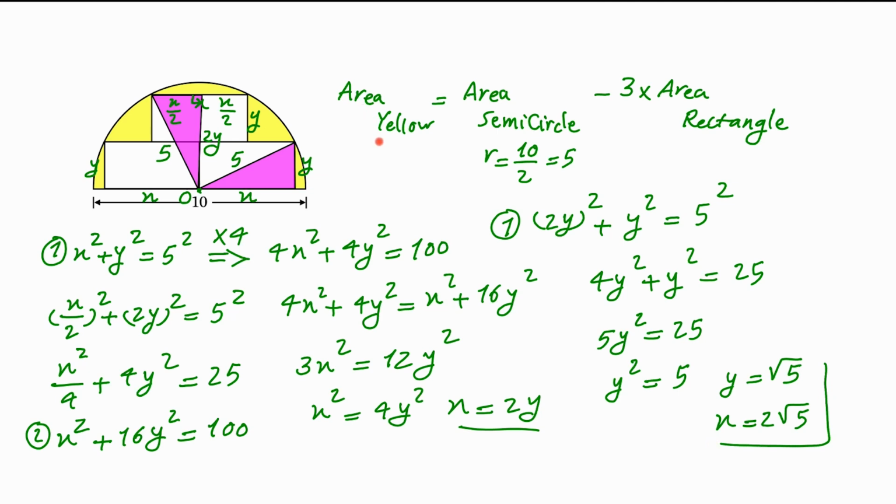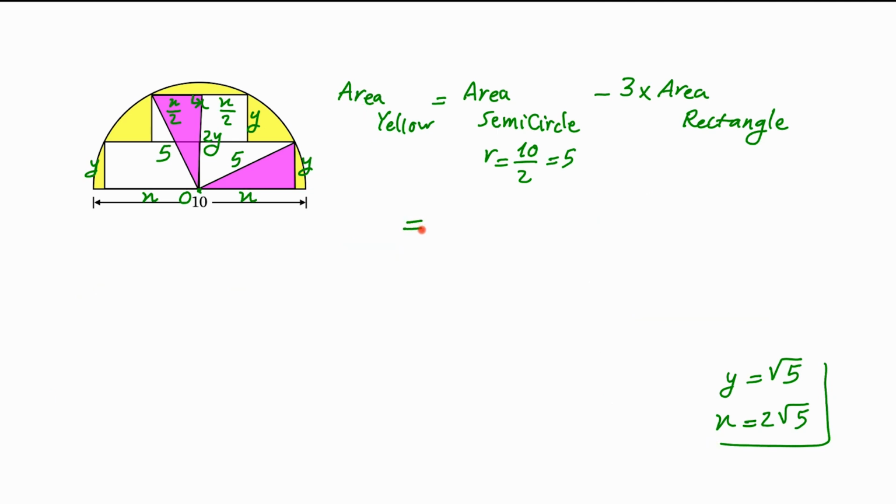Now we can find the area. So the area is equal to the area of this semicircle, which is pi times r to the power of 2 divided by 2, minus 3 times x times y, which is 2 square root of 5 times square root of 5.